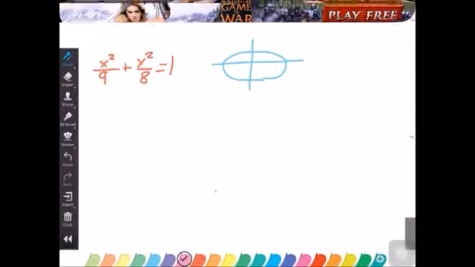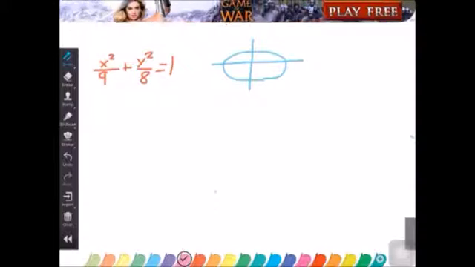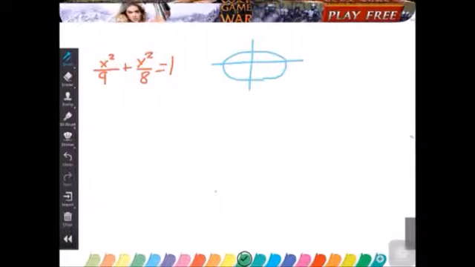and the vertices. So the first step is that we're just going to make our equation of an ellipse a little bit easier to understand by writing it out as the actual equation of an ellipse.